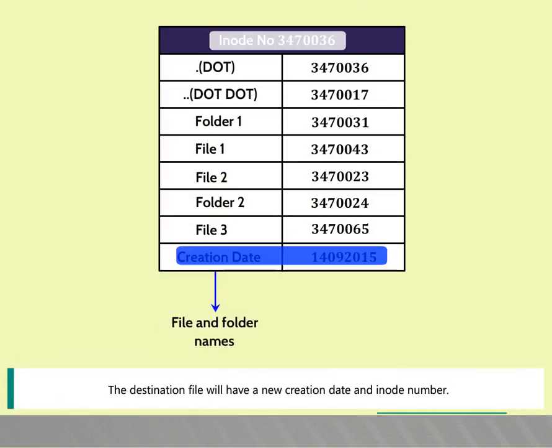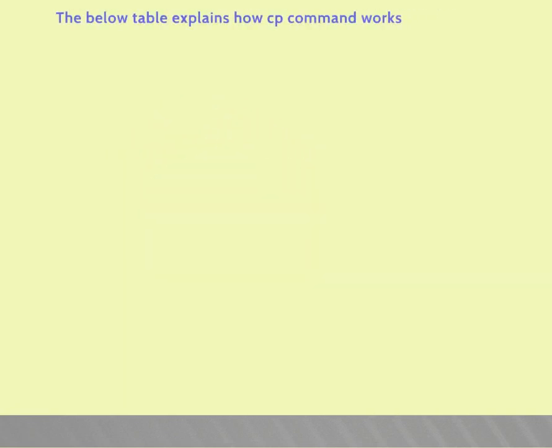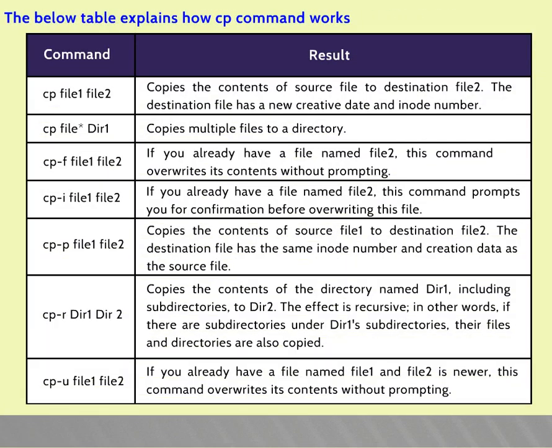The destination file will have a new creation date and inode number. Other copy commands copy the contents of one or more subdirectories. The below table explains how cp command works.